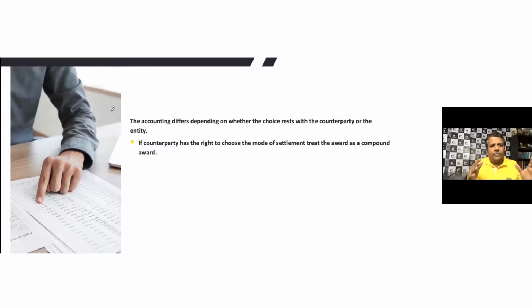Now, if the counterparty, the recipient or the grantee or the employee or that non-employee, has the right to choose the method of settlement, treat the award as a compound instrument.